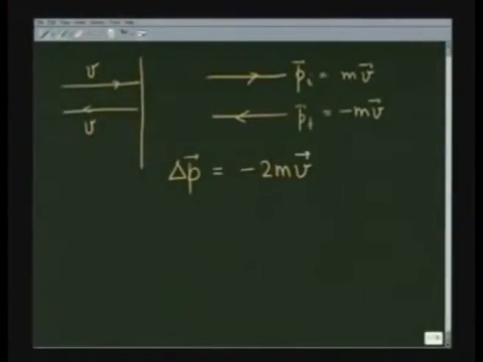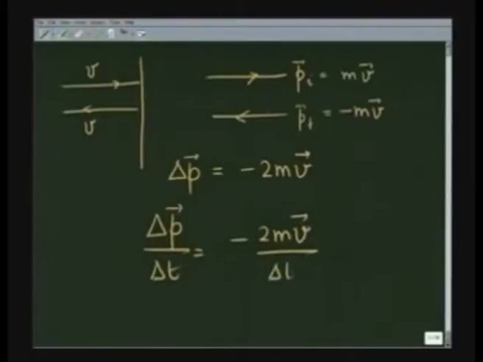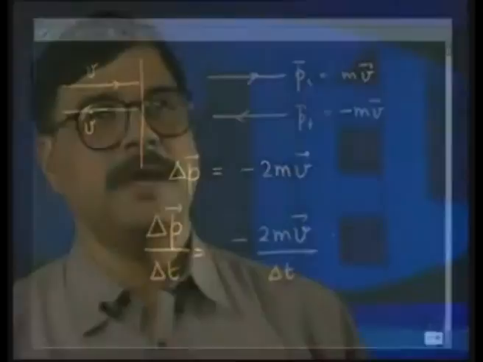So, the change in momentum is going to be minus 2 m v. I know that delta p over delta t, which is going to be minus 2 m v over delta t, where delta t is the time for which the ball was in contact with the wall, is the force that the wall has applied onto the ball.